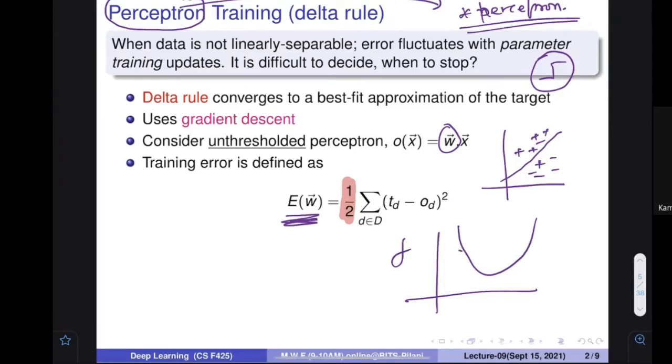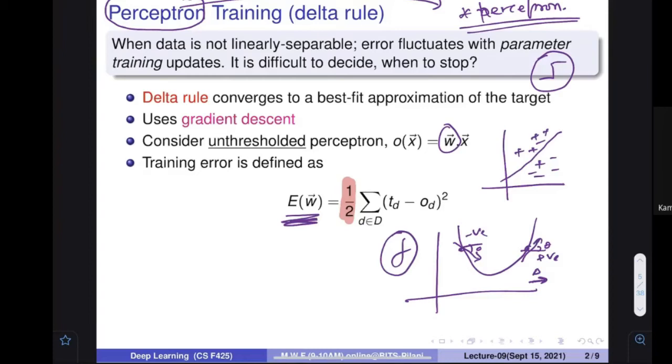So if we are here, we find out what the value of the derivative is. Here the derivative would be negative, and here the derivative would be positive, because derivative is tan theta. If the derivative is positive, it means that if you go in this positive direction by delta amount, the value of this function is going to increase.